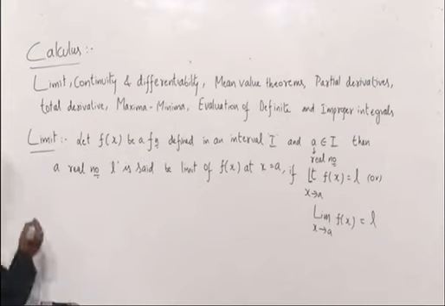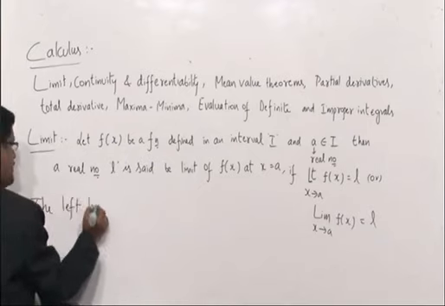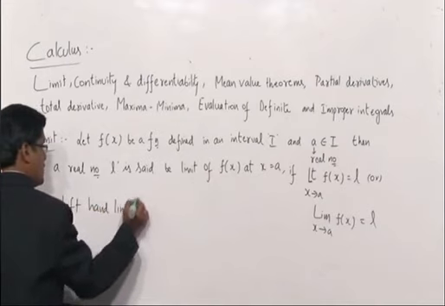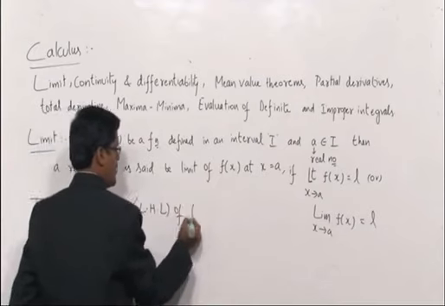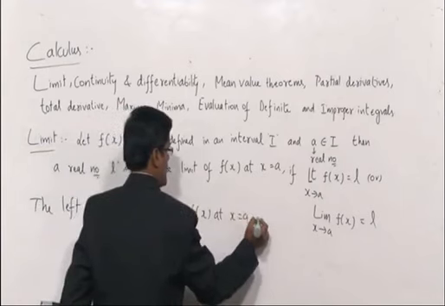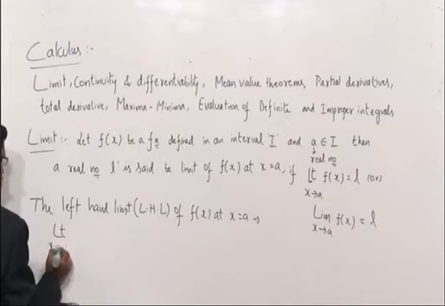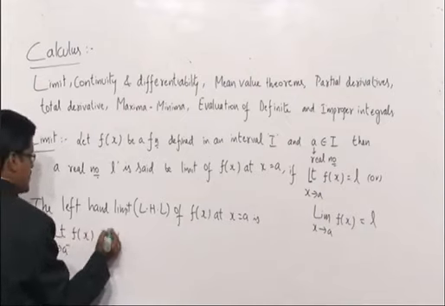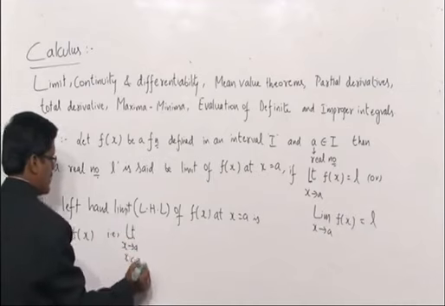Next, the left hand limit, abbreviated as LHL, of f(x) at x is equal to a is limit x approaches a minus f(x), that is, limit x approaches a from which side? Less than a, f(x).